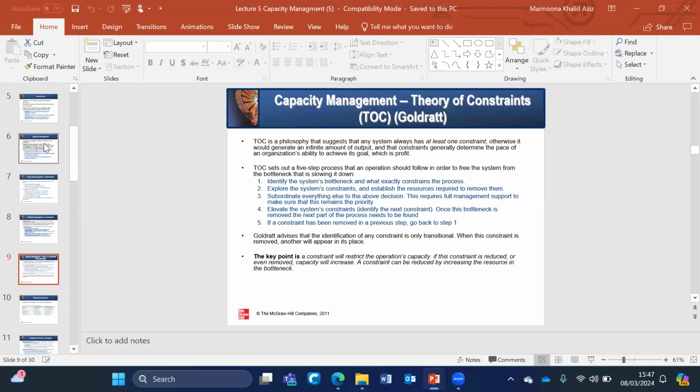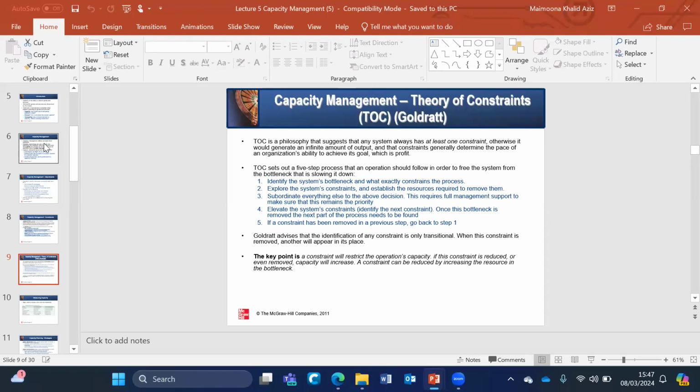This basically means that we need to identify the bottleneck of the process. The bottleneck of any operation is the part where the operation slows down and doesn't go smoothly. In the theory of constraints, you are meant to find that bottleneck in your business and explore its constraints. That means you see what you can do to remove it, and you get your employees to help you out.